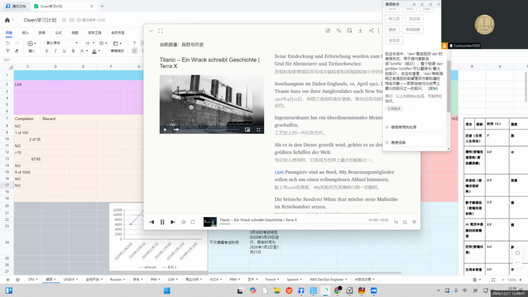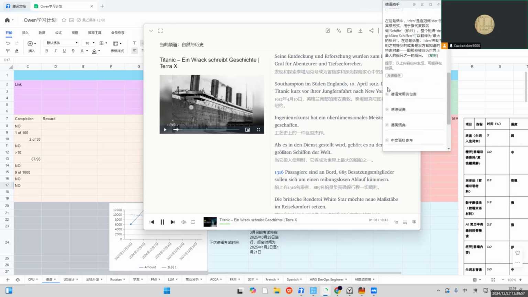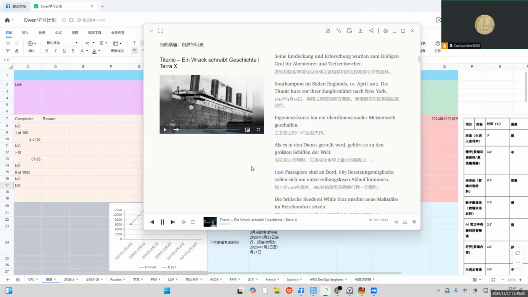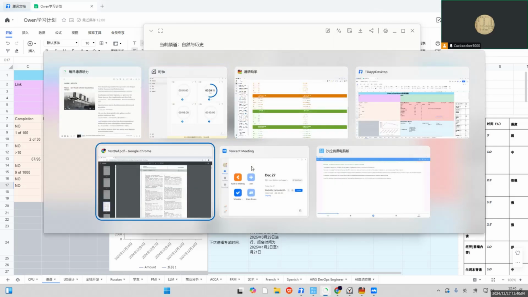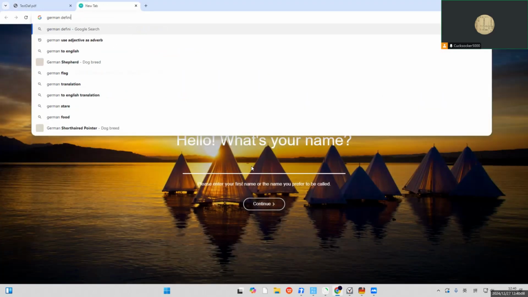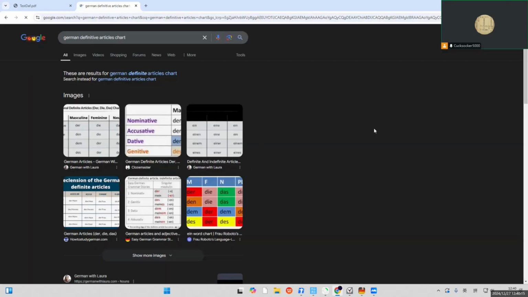Yeah, der, zu den größten Schiffen. I don't know. I think I need to get the German definite article chart open.